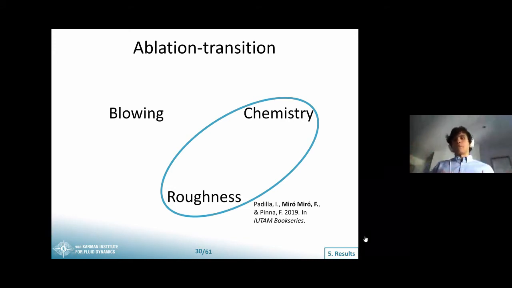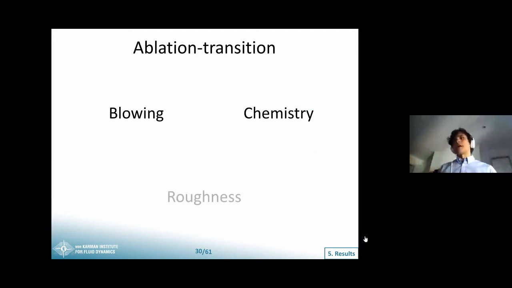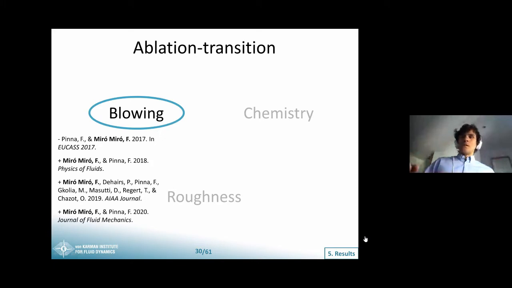Which is why my dissertation leaves roughness to the side and focuses on these two other phenomena: the blowing of mass through the surface and the chemical reactions that occur within the flow. So we first look at them decoupled and then together in an ablation-induced case. So first of all, let's look at the blowing effects.